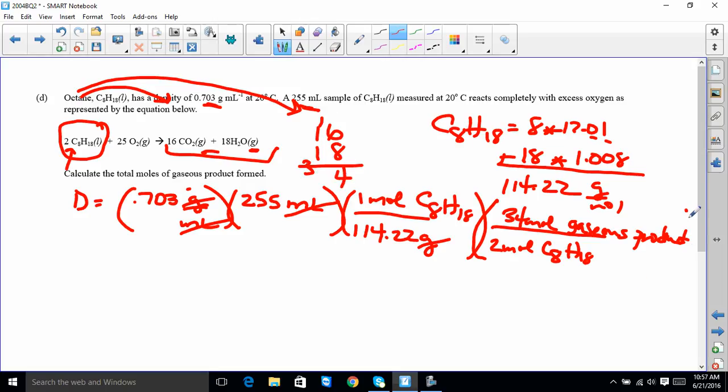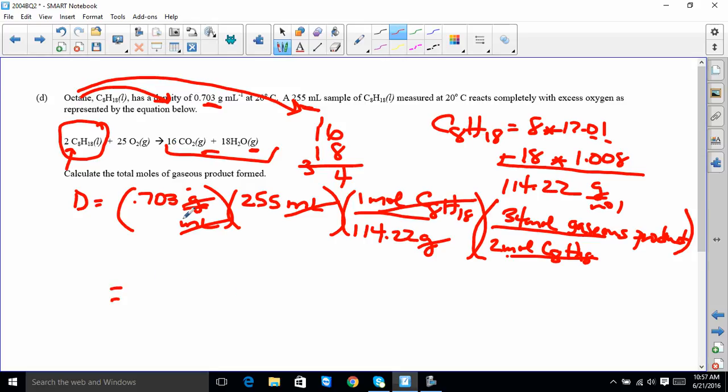And guys, this is how the modern combustion engine works, in that 2 moles of liquid octane makes 34 moles of gaseous product, and that 34 moles of gas takes up a lot more space than 2 moles of a liquid, and the oxygen's being sucked in from the air, so it's not there. And when this happens, these 34 moles of gas causes this explosion, which pushes the piston up in the engine, which is what makes it go.